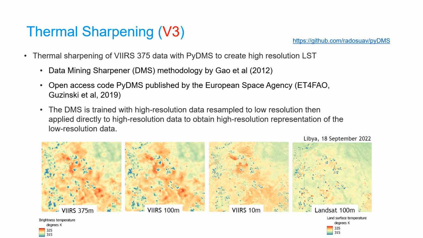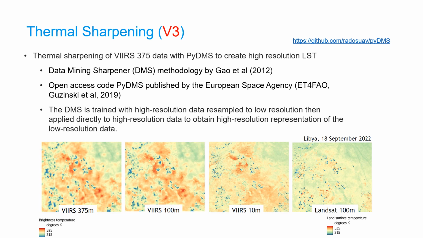In this approach, it builds regression trees between the low resolution brightness temperature data coming from VIIRS and multiple features produced from high resolution Sentinel-2 data and high resolution elevation maps. These high resolution features are then used to predict LST and to obtain a high resolution representation of the low resolution data, which in this case is VIIRS brightness temperature data.